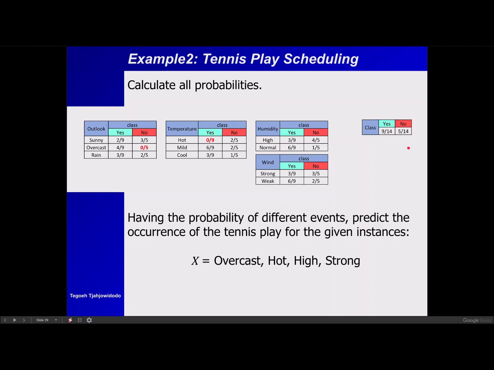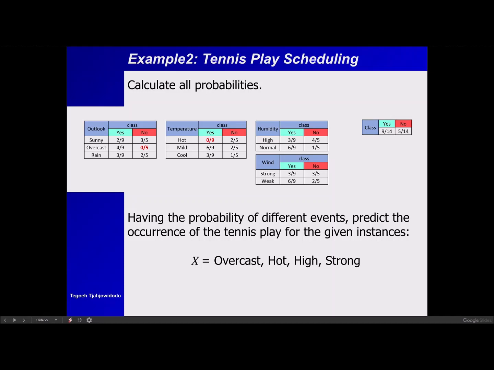Okay, so now the objective of this modeling is that we want to estimate, or predict, whether the tennis match will be played or not, given that the weather outlook is overcast, the temperature is hot, the humidity is high, and the wind is strong.